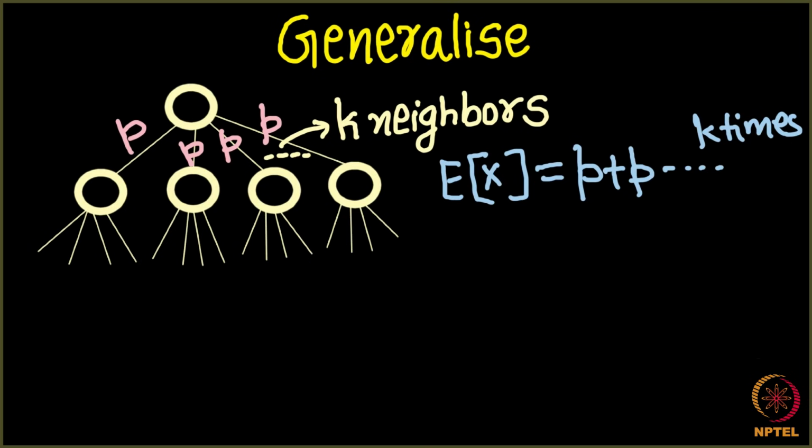How many experiments are we doing here? We are doing k experiments here because there are k children. And the probability of success in every experiment is p. So the expected value of x, that is the expected value of infected people here, is going to turn out to be p plus p plus p, k times, which is going to be equal to p into k.